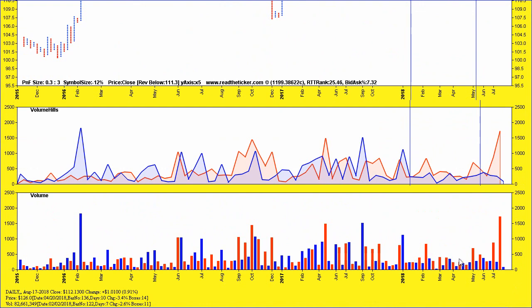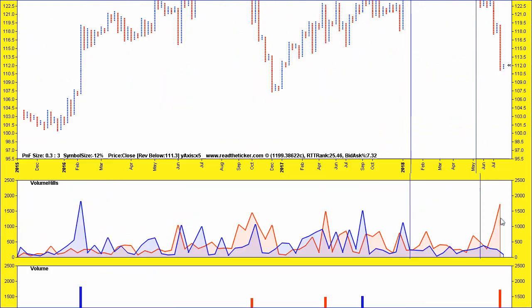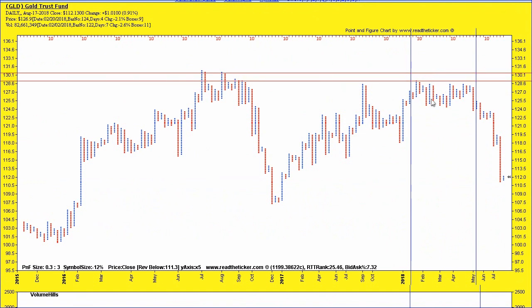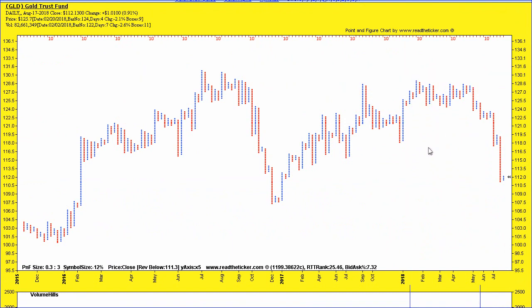See how the red bars here are higher than the blue? So all these little downswings at resistance, and this is pretty important resistance, all the downswing volume was greater than the upswing.